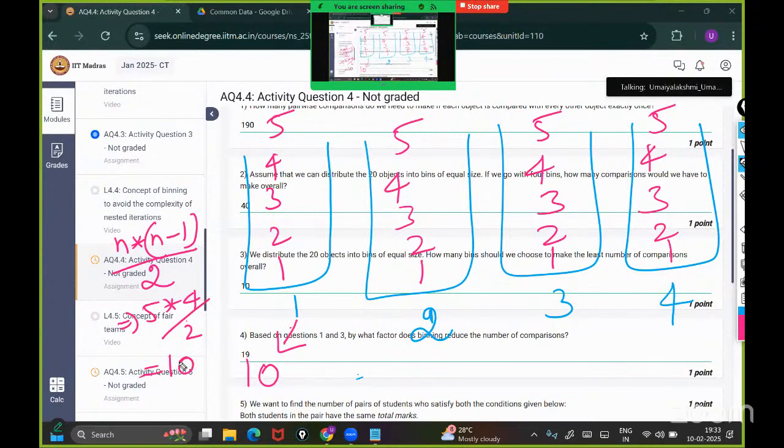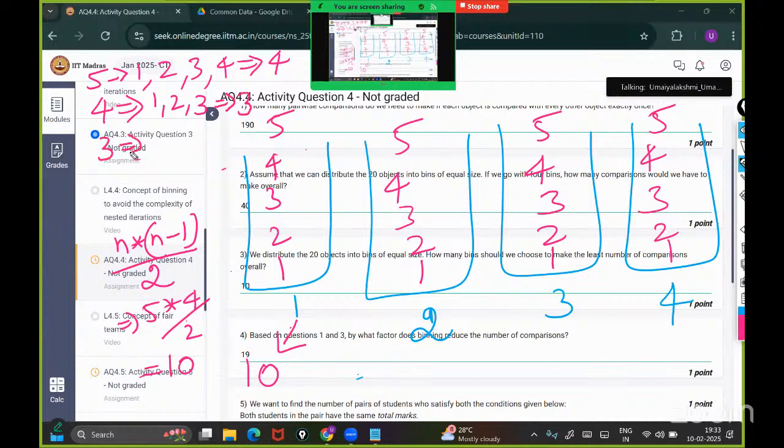If you have a doubt, you can do it manually. 5 will be compared with how many elements? 1, 2, 3, and 4, so in total 4 elements. 4 will be compared with 1, 2, and 3. Do I have to compare 4 and 5 again? No, because it's already compared. So here I'll get 3 iterations.